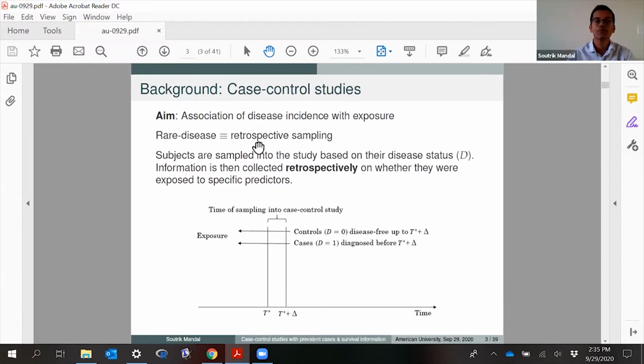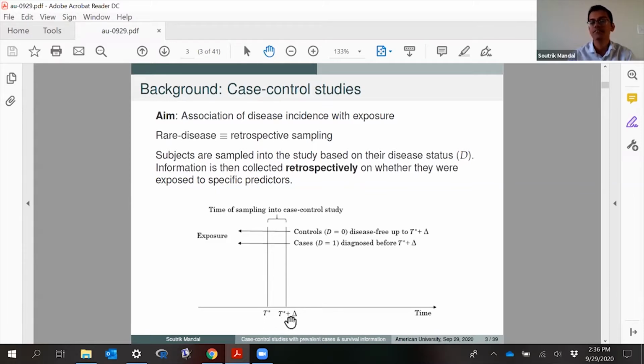So what we do in rare disease setup is called retrospective sampling. That means subjects are sampled into the study based on their disease status. So let's say we conduct a study between T star and T star plus delta.